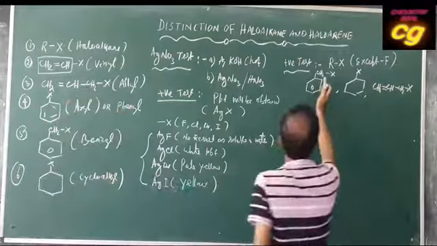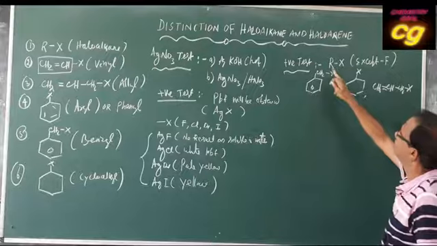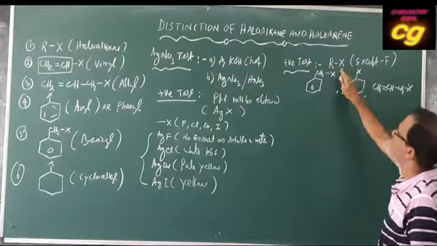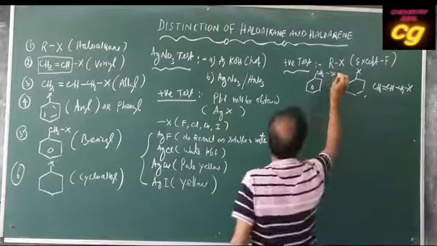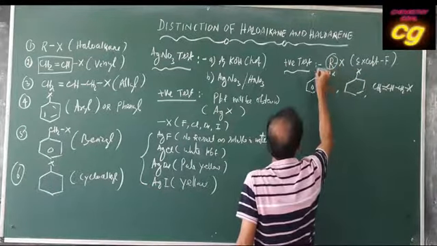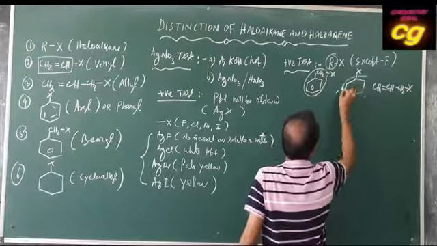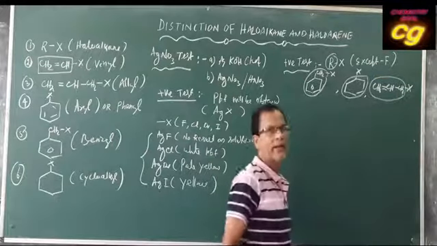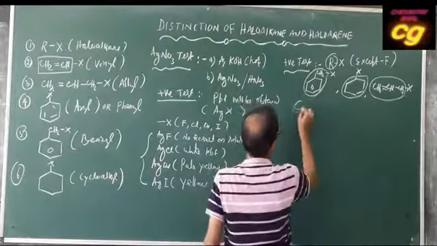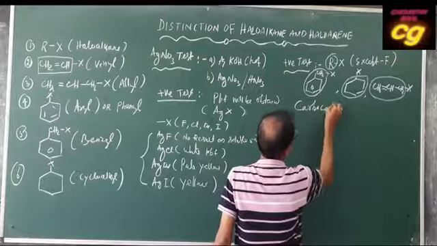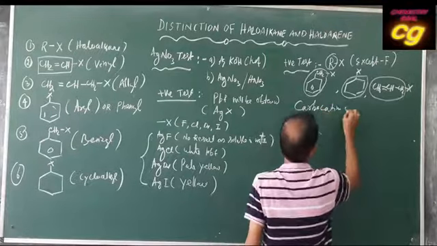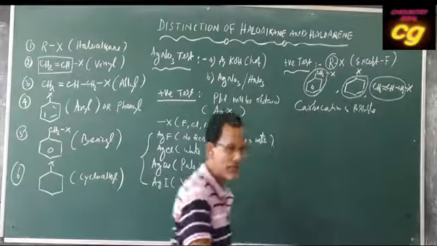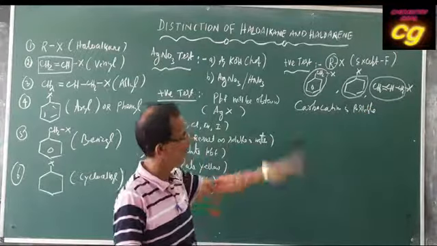Mainly, when these compounds react with silver nitrate, they produce X minus, because all of these produce a carbocation. Carbocation is possible, that means either free carbocation or SN1.